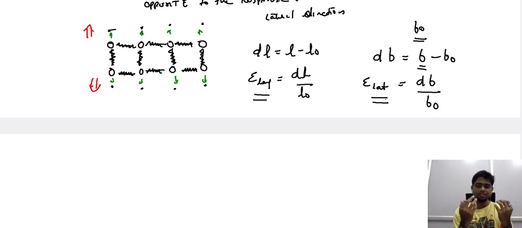We are taking the ratio of the change in the dimension in the corresponding direction to the original dimension in that particular direction. So in the elongation case, it is the change in the length to the original length. In the case of lateral strain, it is the ratio of the change in the breadth to that of the original breadth or the width.